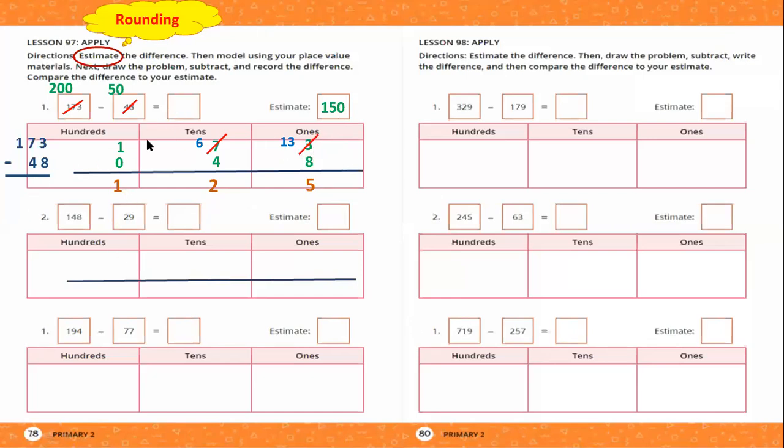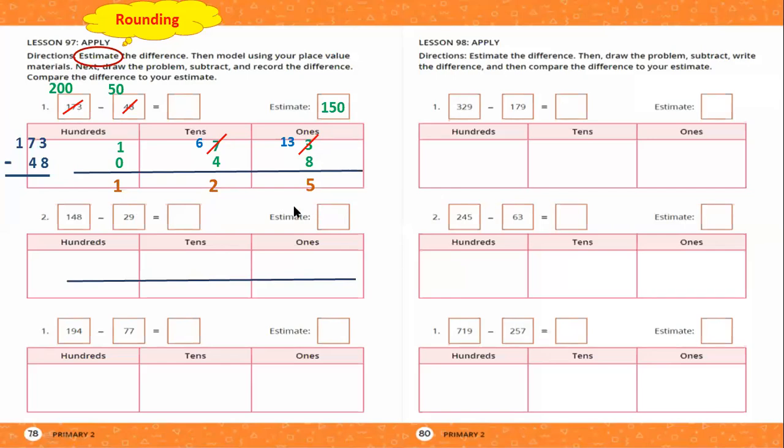So the result will be 125. If we subtract the estimated numbers, the result will be 150, and if we subtract the problem as it is, the result will be 125.